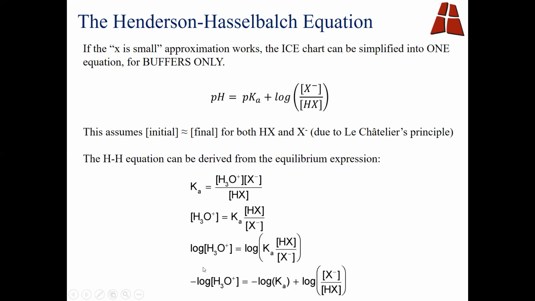And then if we were to do a little rearranging and split our logs up, we would get the negative log of H3O plus, aka pH, is equal to the negative log of Ka, also known as pKa, plus the log of our base over our acid. Hopefully that makes some amount of sense, that it is actually derived from our equilibrium expression, but all you should need to know is that anytime we have a buffer, use the Henderson-Hasselbalch equation.